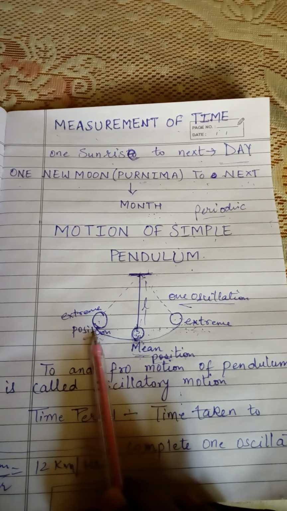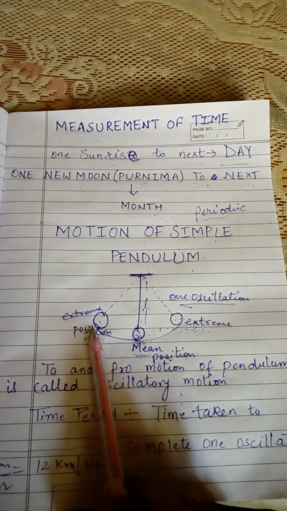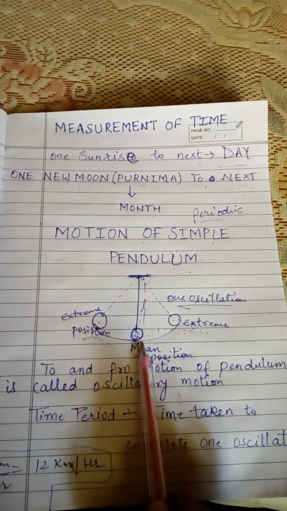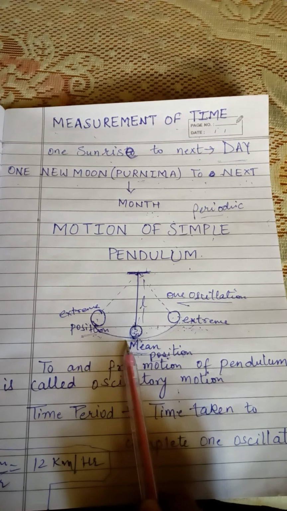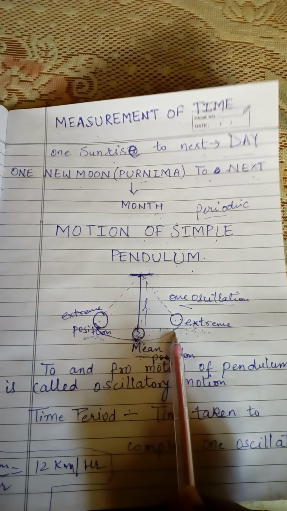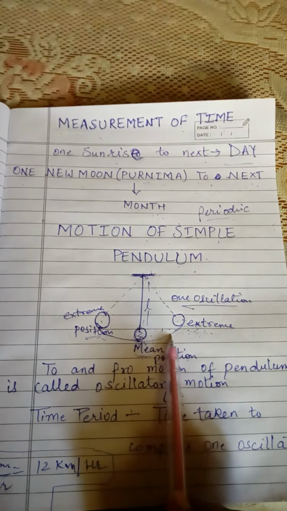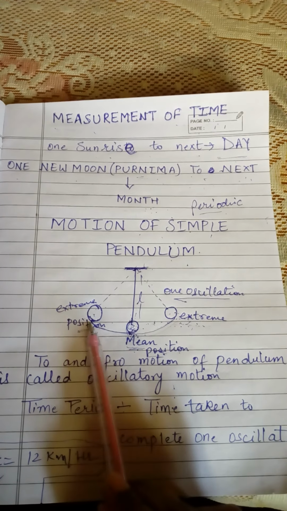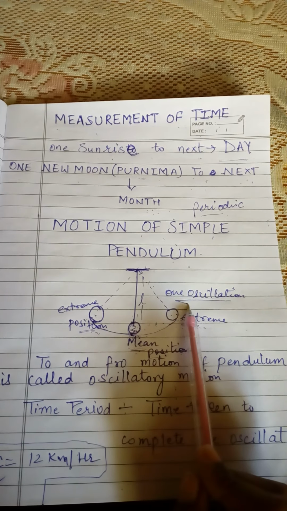After that it goes to the other side extreme, and then it comes back to the mean position again. This cycle, mean to extreme, extreme to the other extreme, and then again to mean, is known as one oscillation.